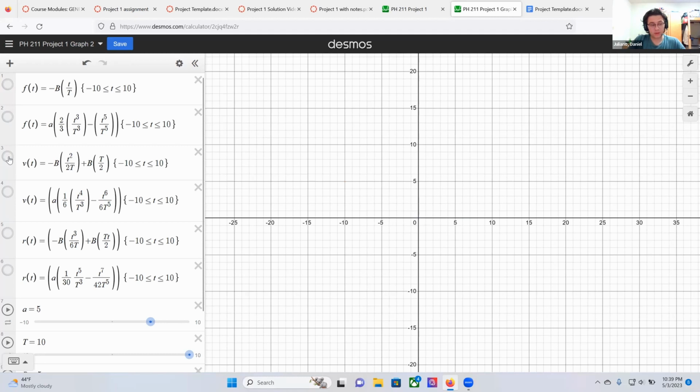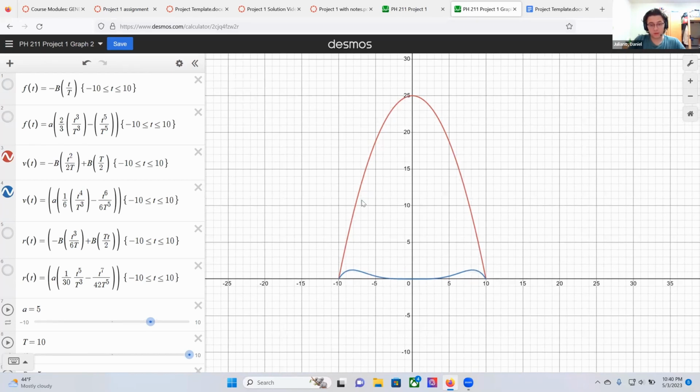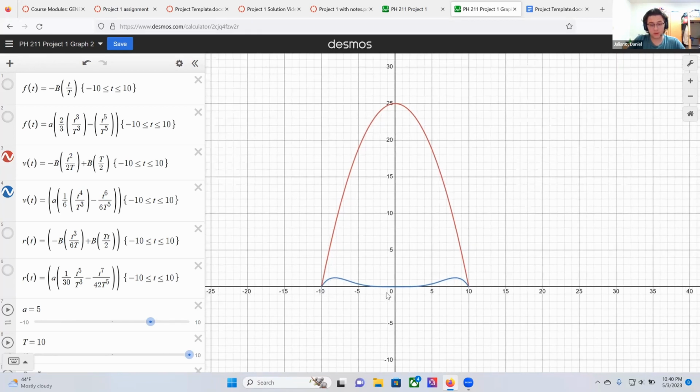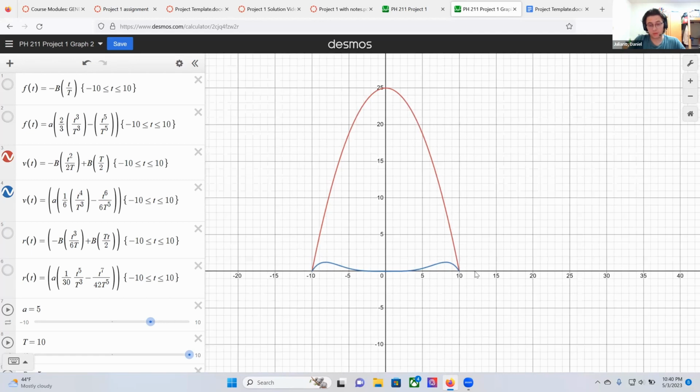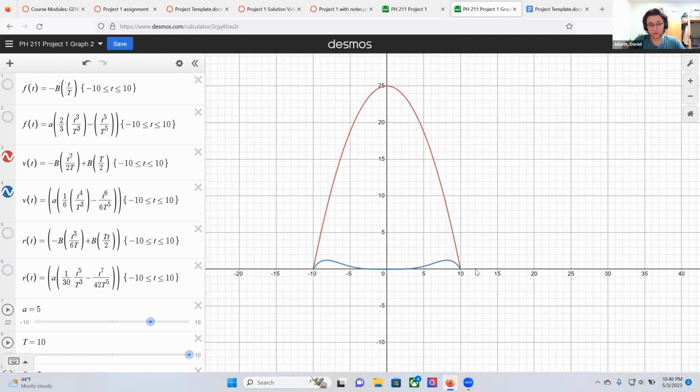Next, we can look at the x and y components of the helicopter's velocity function, the x given in red, the y given in blue. In the x direction, you can see velocity increasing very quickly from -10 to 0, where its velocity after 0 then starts to decrease and approach 0 on the y-axis as it approaches time equals 10 on the x-axis.